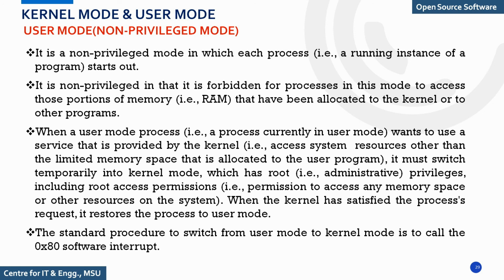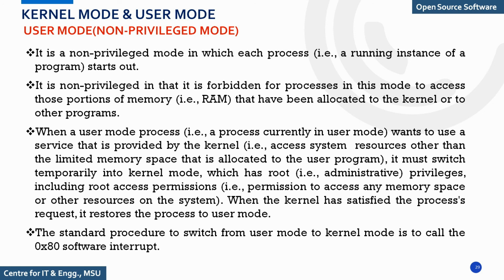It can only access the remaining portions of the RAM. When a user mode process wants to use the services provided by the kernel mode, it has to temporarily switch to the kernel mode. When the kernel has satisfied the process request, it restores the process to the user mode.